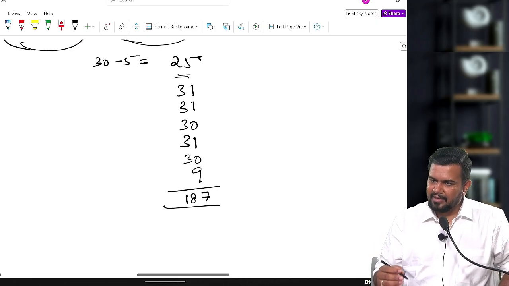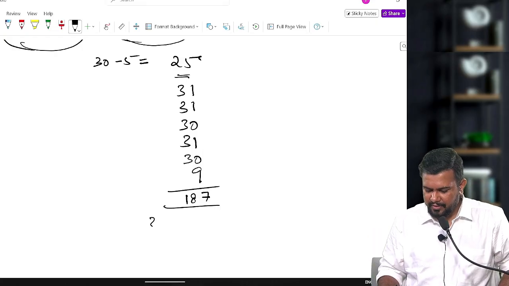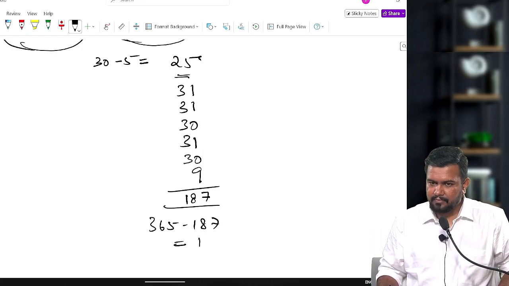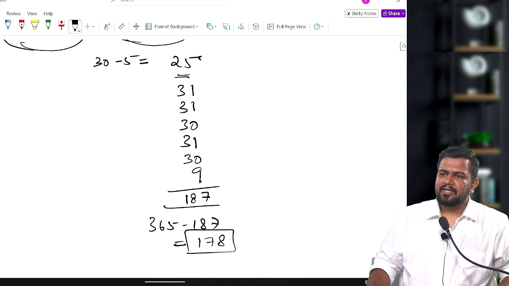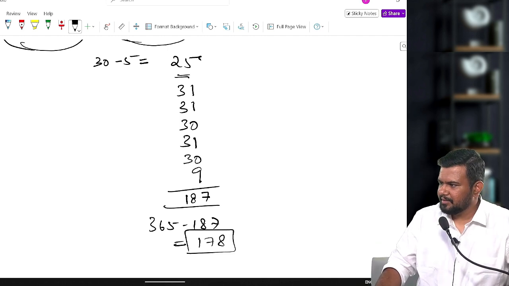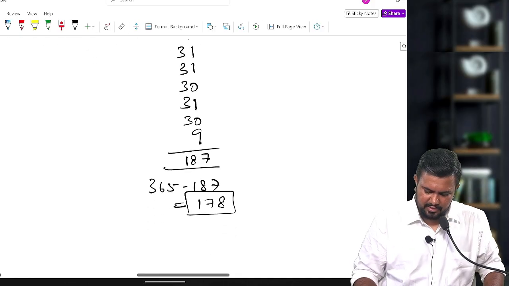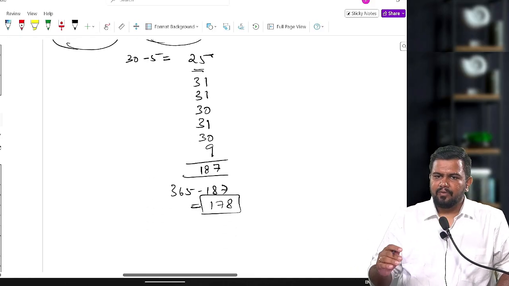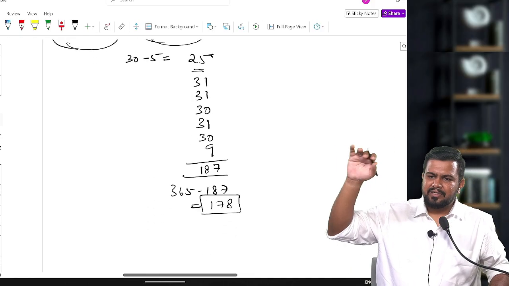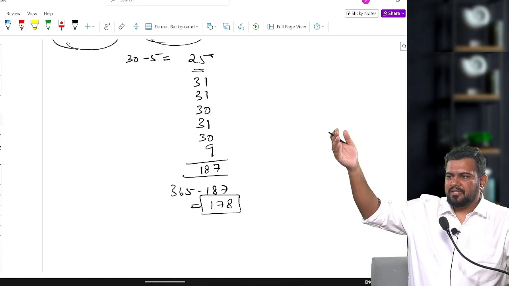So what is the number of days stayed in India? 365 minus 187, which is 178. 178 is the number of days of stay in India. So since the first basic condition is not satisfied, should you see the second basic condition or not?